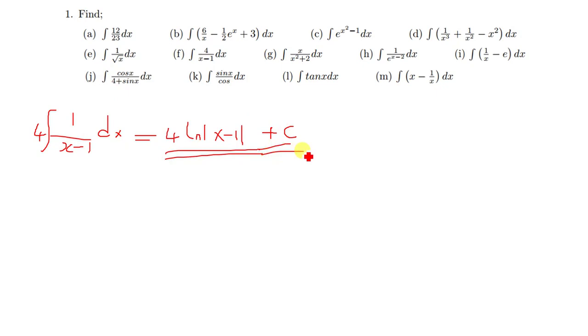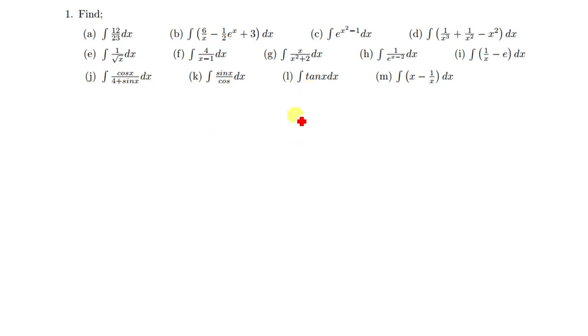We proceed to G. G is just the integral of that. For this question, we're going to use U-substitution. It's called U-substitution because we're going to equate the denominator to u, so u = x squared plus 2.